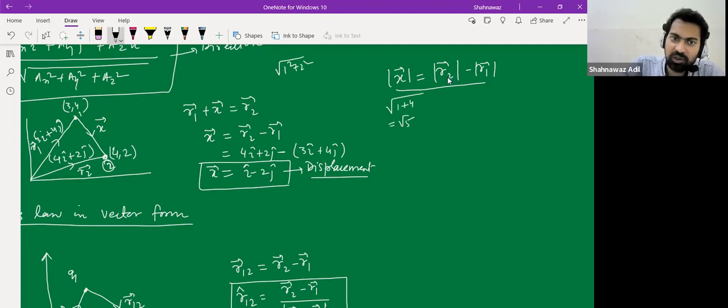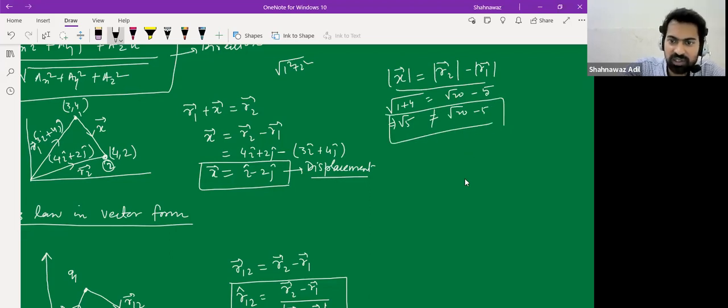And what is the r2 magnitude? This r2 is 4 square plus 4, so 16 plus 4 is 20, so root 20. And minus the r1 magnitude, which is 9 plus 16, so this is 5. So root 20 minus 5 is not equal to root 5.